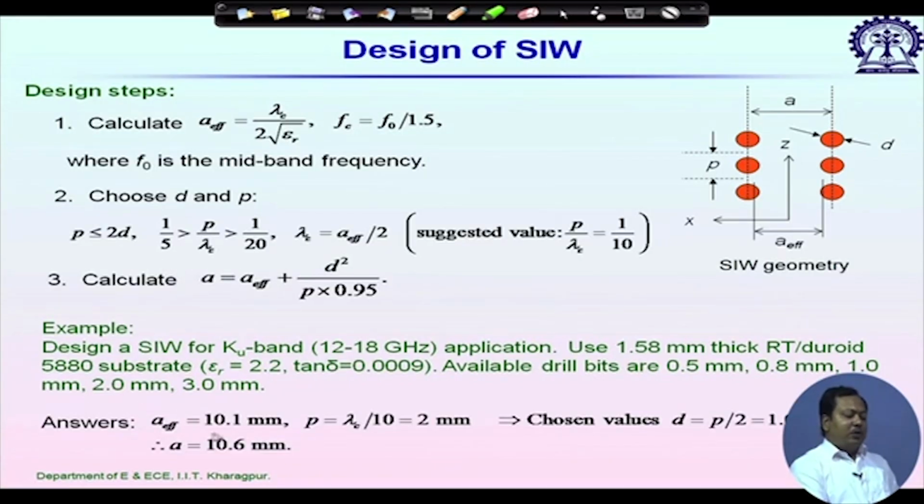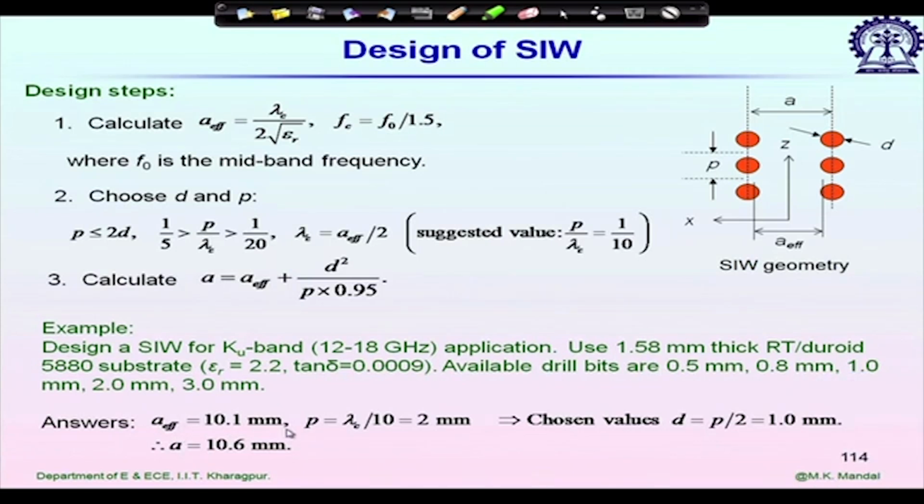So, here I am showing the calculated values. A effective is 10.1, P we chose as lambda c by 10, it is coming approximately 2 millimeter. Then the chosen value is D equal to P by 2 to keep the leakage loss minimum.